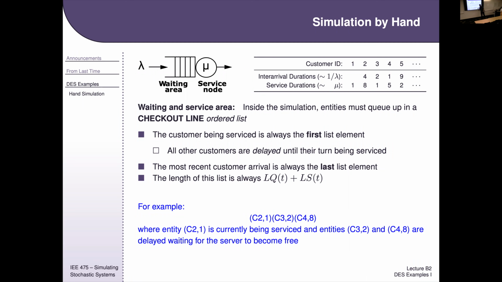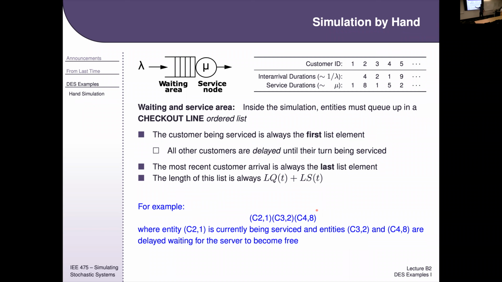So we call it a checkout line, but you can think of it as the customer getting service is the first one here. So customer 2 is in service. And the other 2 customers, 3 and 4, are the ones actually in line. So they're the ones in a queue. So you can think of it as a service queue. The service is the first one, the queue are the other 2. Okay, does that make sense?